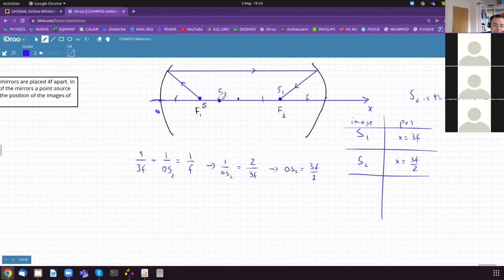We now need the image of S2, and we have 1 over 3f over 2.